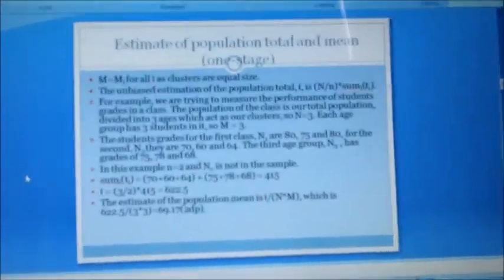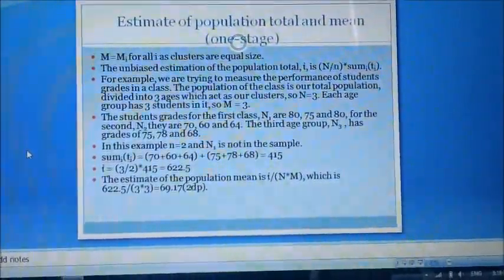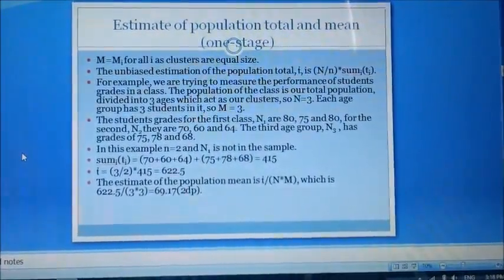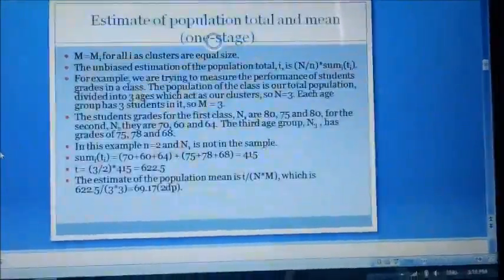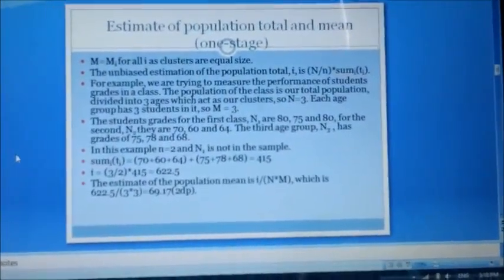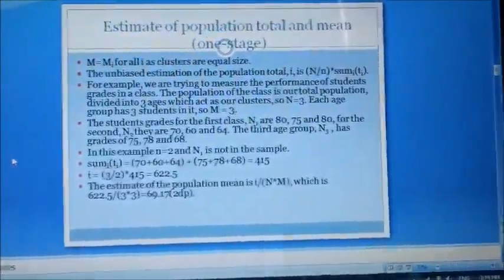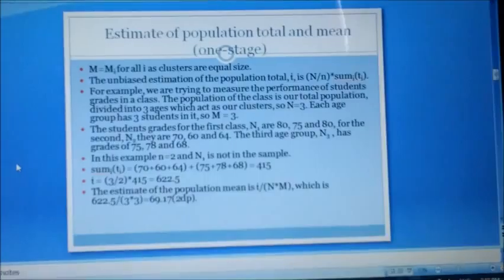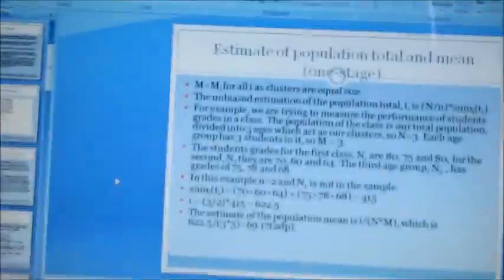So, this is how you estimate the population total and the population mean for one-stage cluster sampling. We know first off that M is equal to Mi for all i because the clusters are equal size. The unbiased estimation of the population total T dot is calculated as N over n times the sum of Ti over all i's.